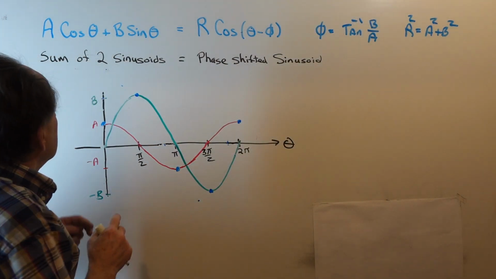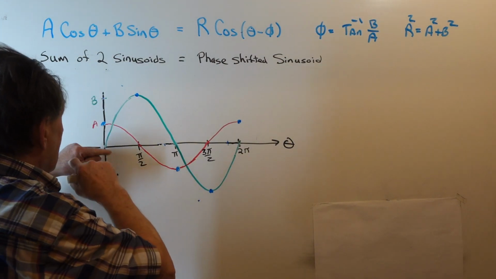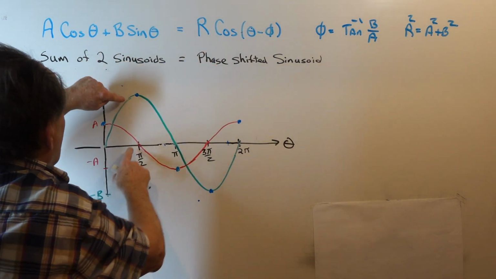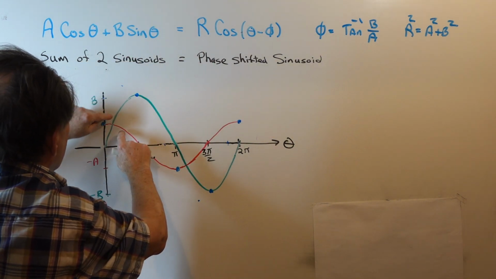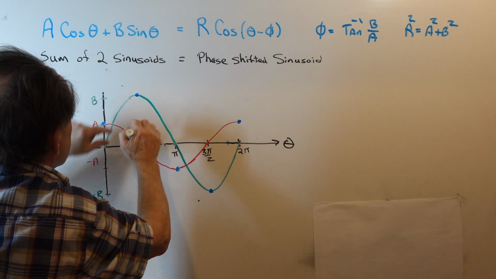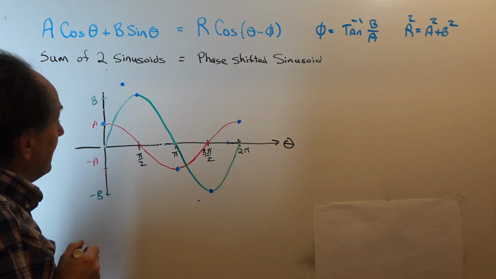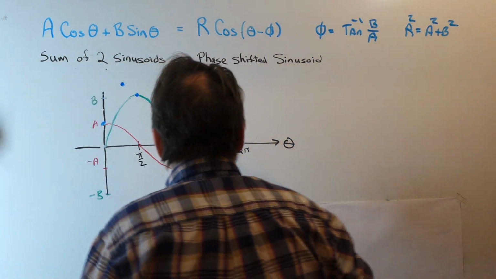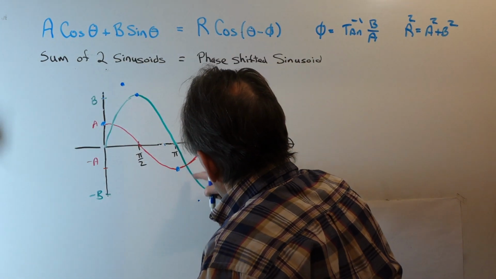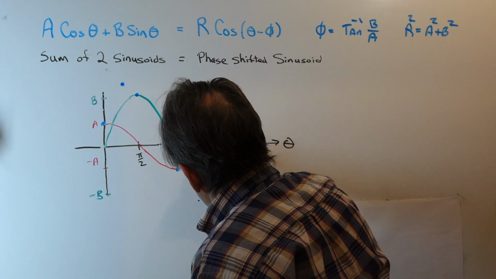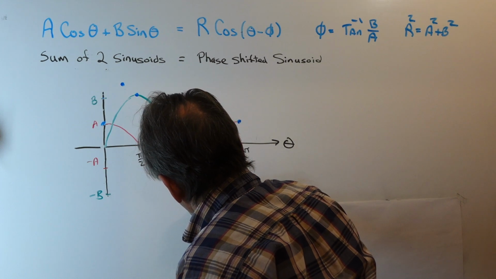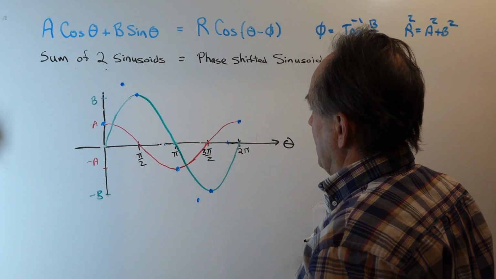Now somewhere in between, the sum will have a maximum. That is, when we add both curves in a positive direction, it'll be positive or maximum in there someplace, and also when we add them in the negative direction, it'll have a minimum somewhere around there.